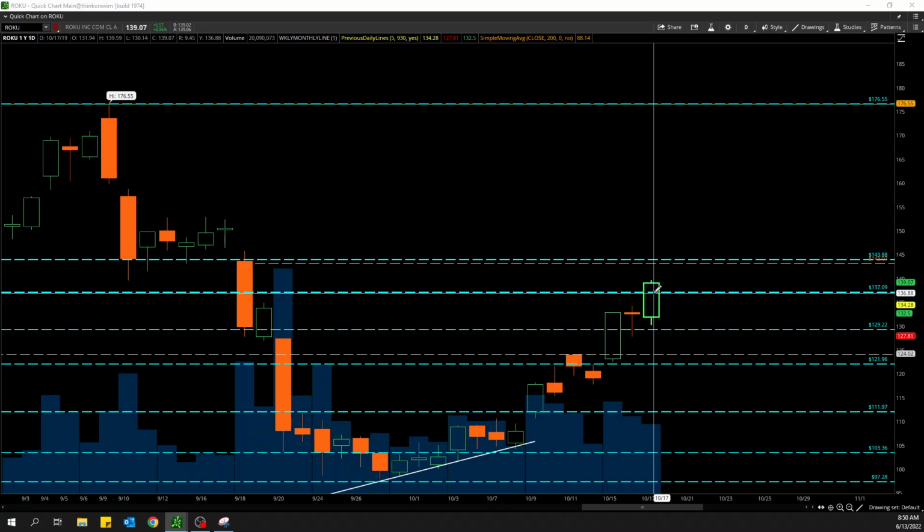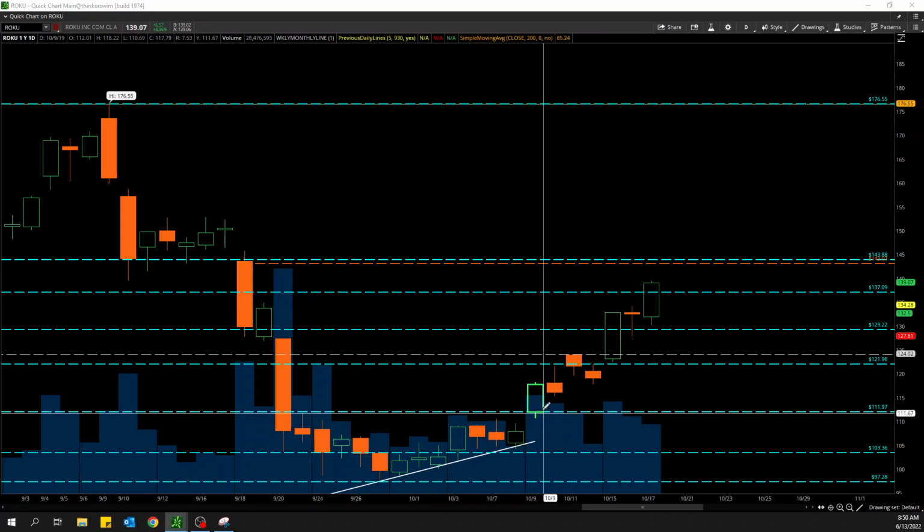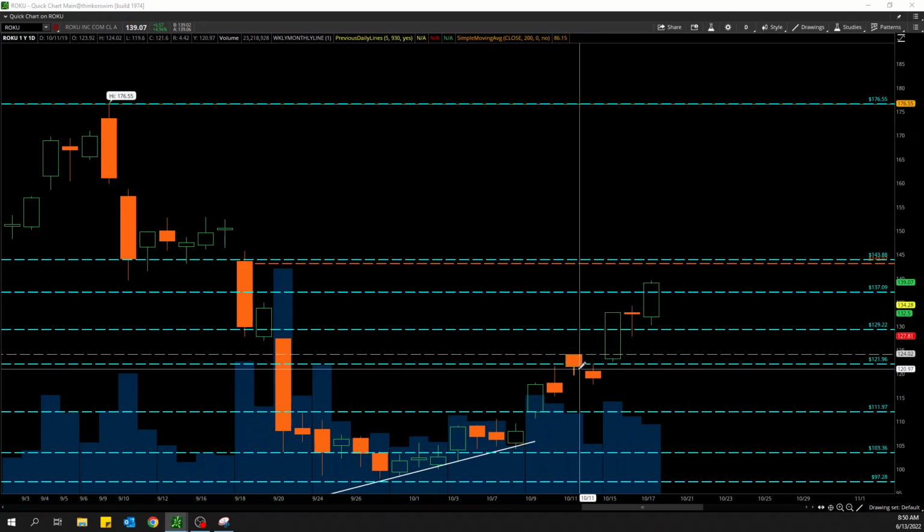Before, when it was dropping down, it was a $10, $12 move on the downside and only a $5 move on the upside. Now it's changing. Now you got a $10 move on the upside, and on the downside you only got a $4 move. So now the pendulum has shifted.